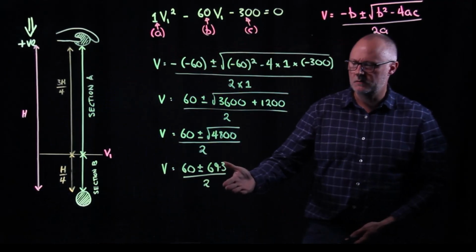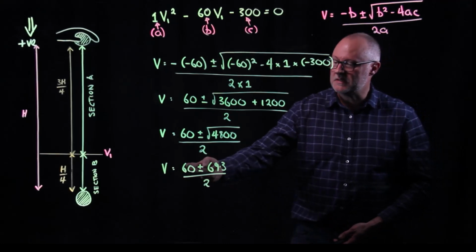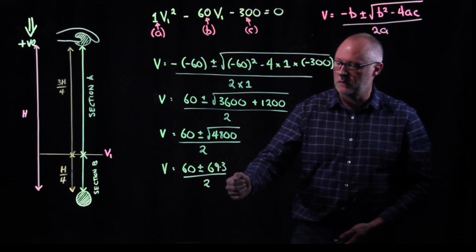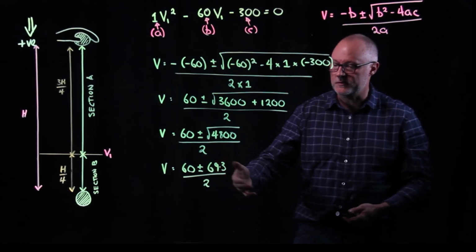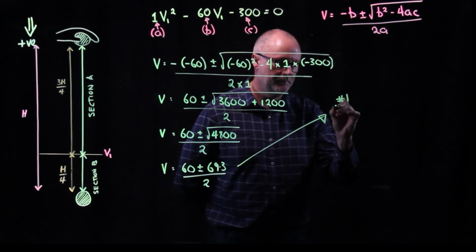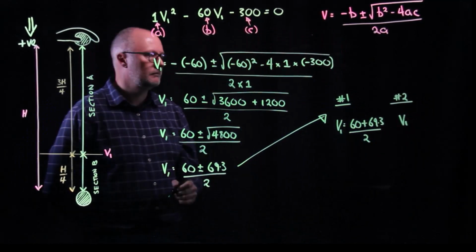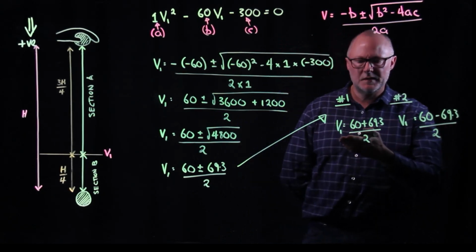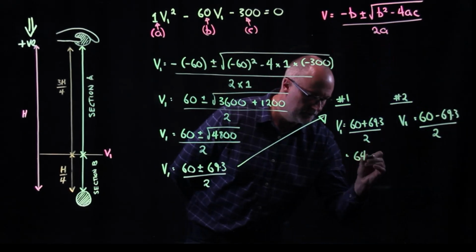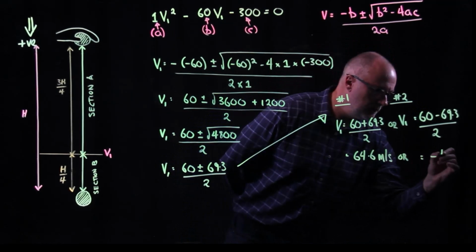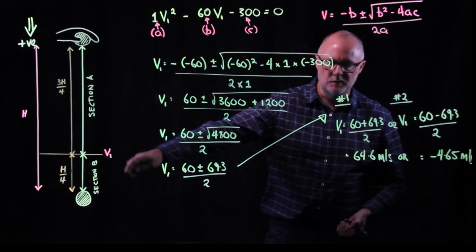Now from this position, we can have two possible solutions. One is 60 plus 69.3 over 2, and the other is 60 take away 69.3 over 2. Let's look at both these options and continue this calculation to find the two possible values for v1. So we've got two options for our velocity v1.